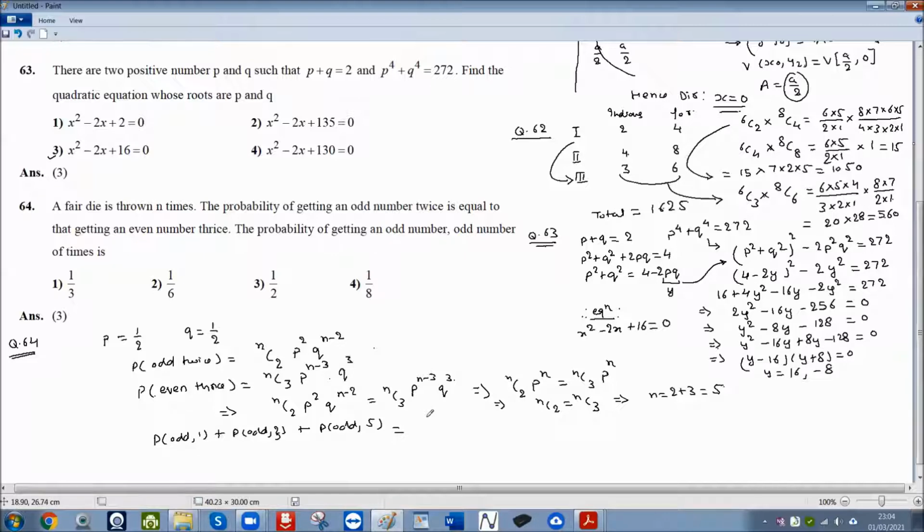Odd ones will be 5C1, P and Q are equal, so this half will be raised to the power 5 in each term.